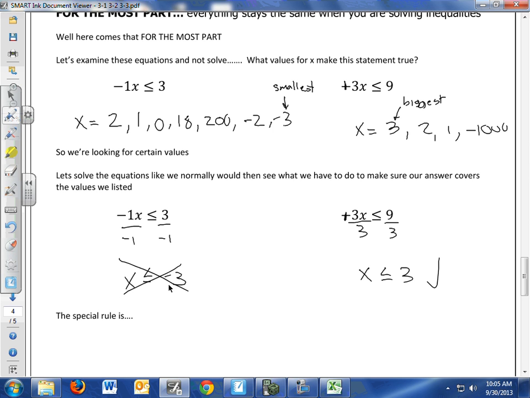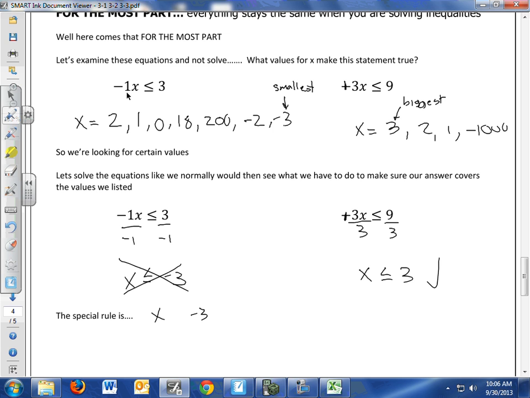So this is correct. But this one was incorrect. What would have made this one correct? This is like thinking here, guys. We're going to have to do it sometimes. What could I change here to make this correct? So if I made it +3, numbers less than or equal to +3, well, let's see. No, I could have like -4. We were told that -3 was our smallest solution here.